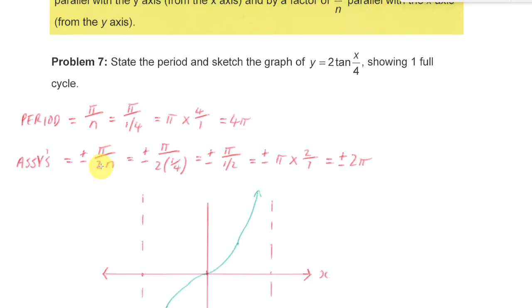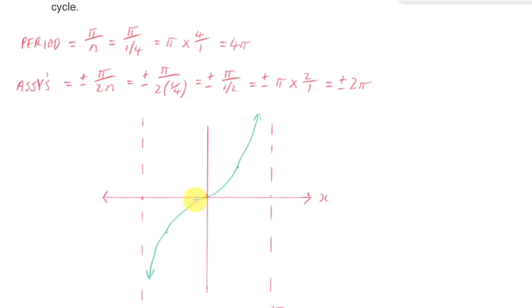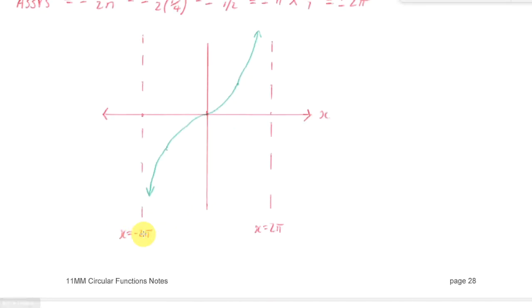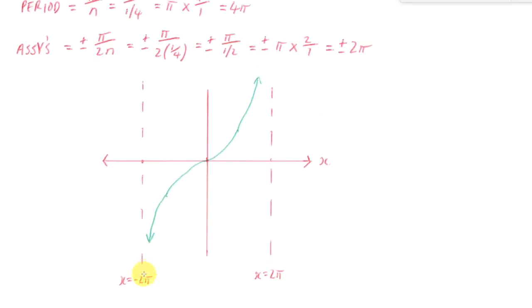If we put in the value of n being 1/4, we'll end up with plus or minus pi over 1/2, and then that will simplify, as you can see, to plus or minus 2 pi. So there's our asymptotes. We put in our asymptotes, as shown here, minus 2 pi and plus 2 pi, and then we have our basic tan graph.